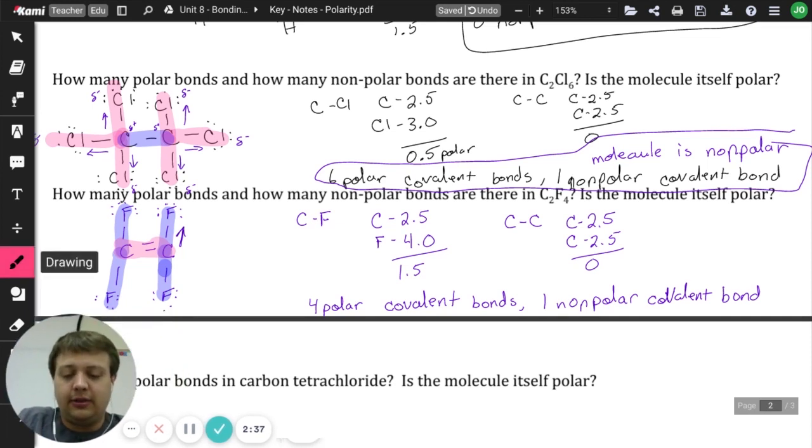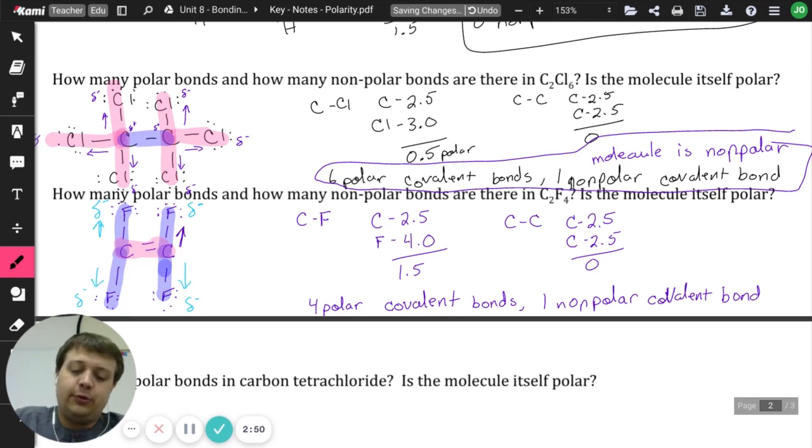And so that would make the fluorine slightly negative, slightly negative, slightly negative, and slightly negative, because we're going to have those electrons moving towards the fluorines, which would make our carbons slightly positive. Okay, so on the outside here, what do we notice? Well, what we should notice is that everything is negative. So again, what that tells me is that my molecule is nonpolar.